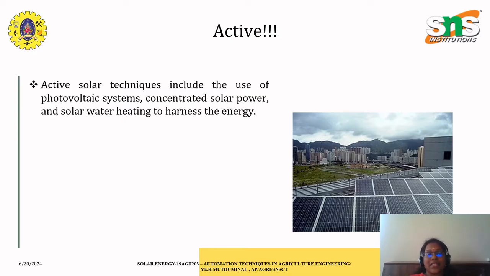Initially we would have the solar water heating system. Instead of using electricity, we would keep our heater above our roof, and that pipeline would be connected to our bathroom. When the sunlight passes upon it, the solar water heater will tap that source and convert it for heating the water inside the barrel, and it will give us hot water. In previous decades we always depended upon solar water heaters, right?